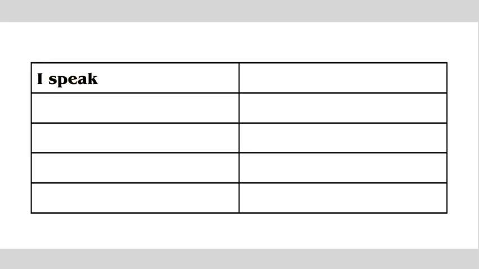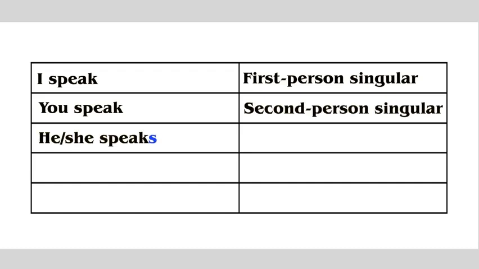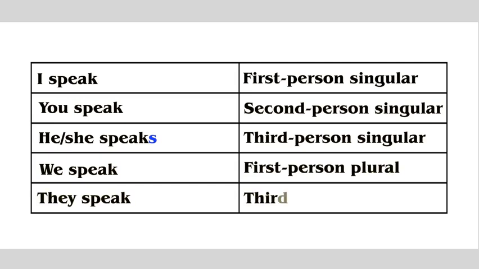I speak, as the first person singular. You speak, as the second person singular. He or she speaks, as the third person singular. We speak, as the first person plural. They speak, as the third person plural.